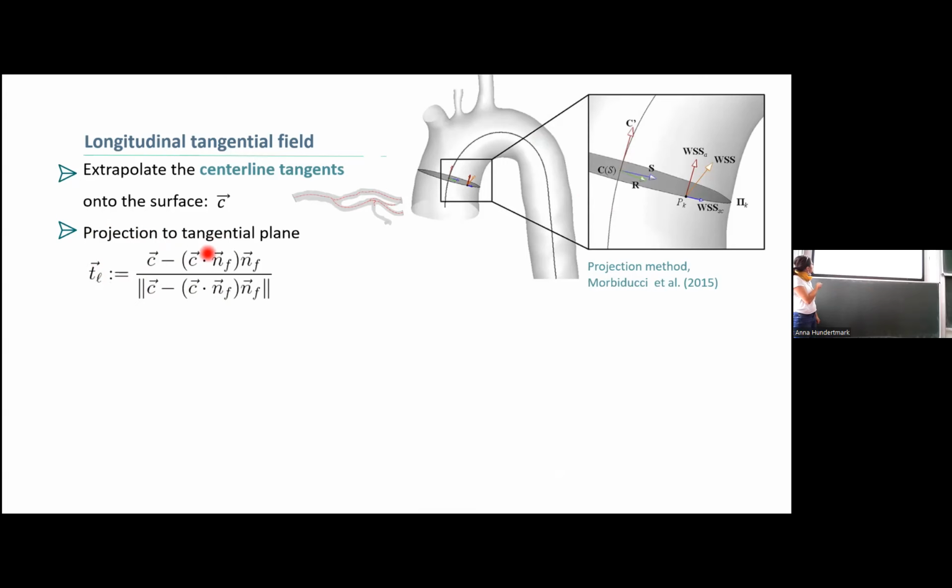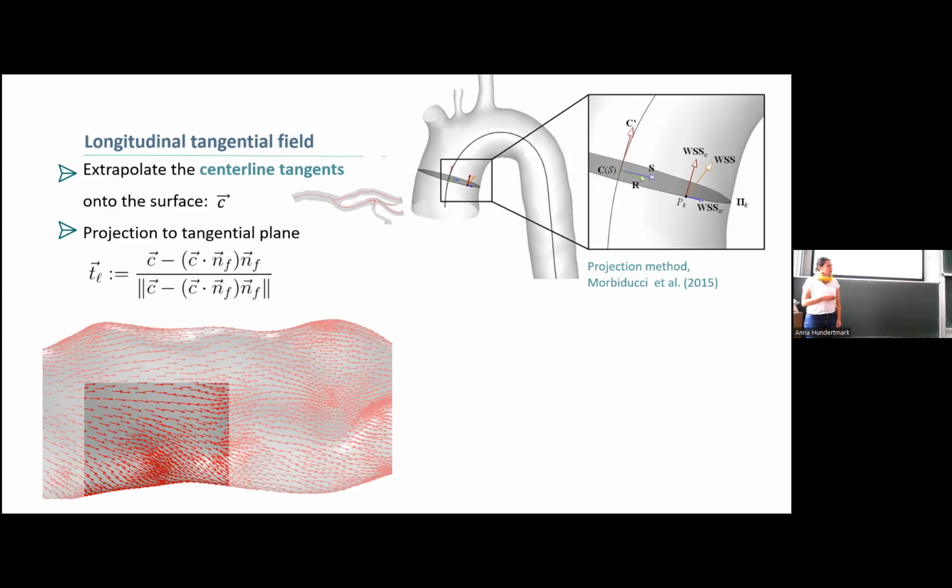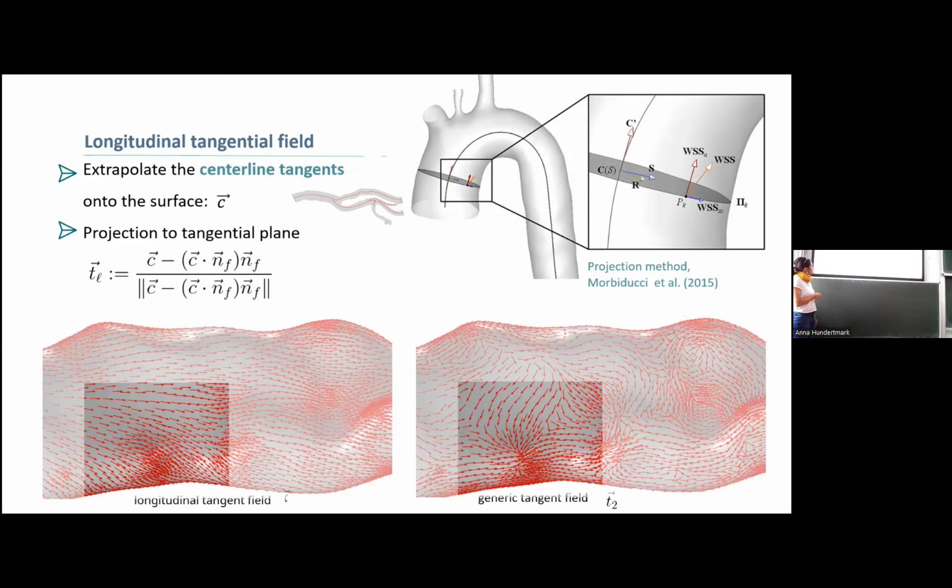It is aligned with the center line tangent, and we project this to the tangential plane. This is a known vector. And now you can compare the result.